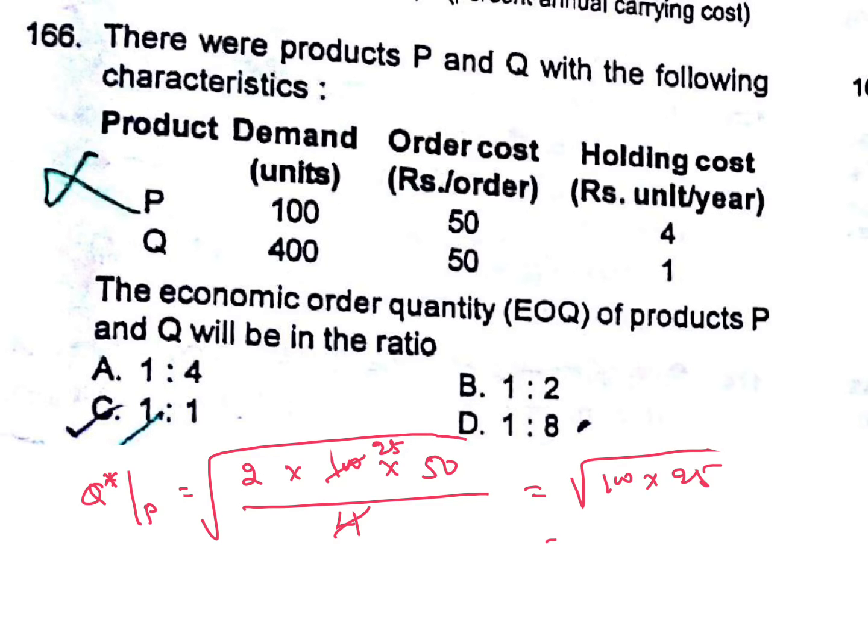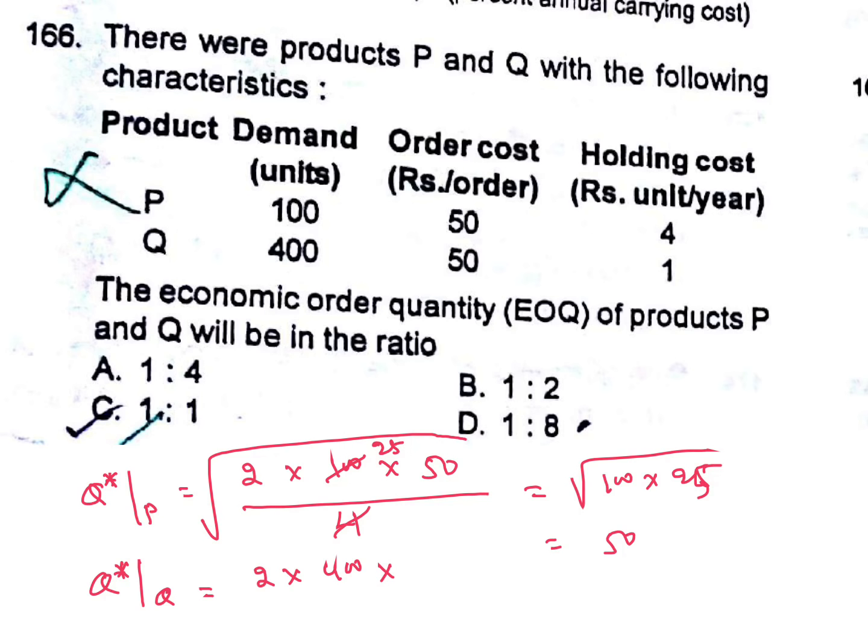Like this, if you calculate Q star for Q, you will get root of 2 into D, annual demand, 400, into CO ordering cost 50, divided by 1.